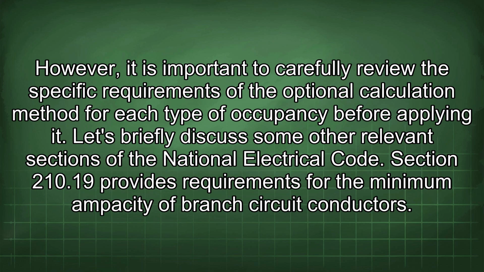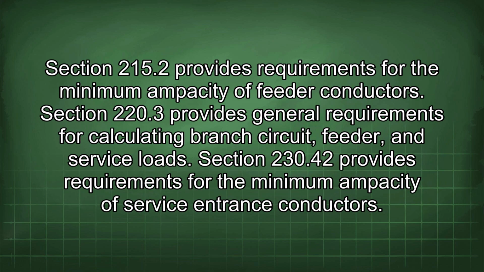Section 210.19 provides requirements for the minimum ampacity of branch circuit conductors. Section 215.2 provides requirements for the minimum ampacity of feeder conductors. Section 220.3 provides general requirements for calculating branch circuit, feeder, and service loads.